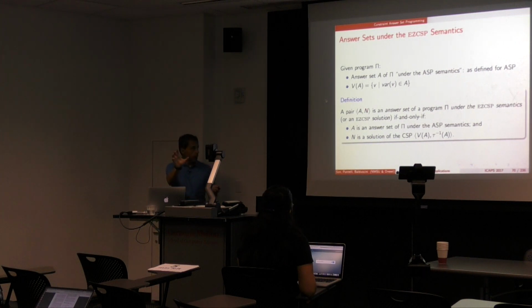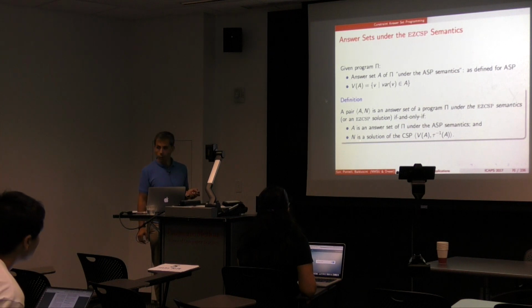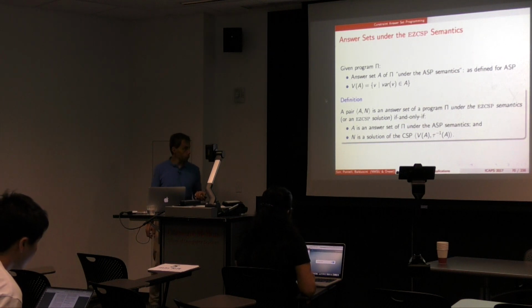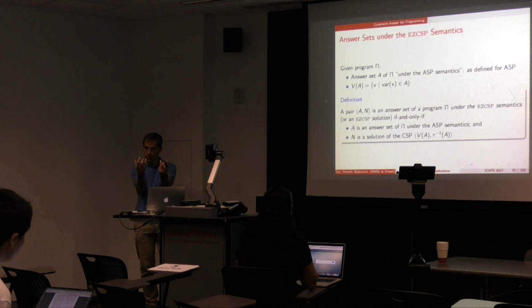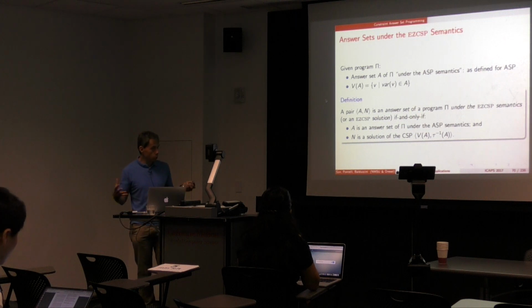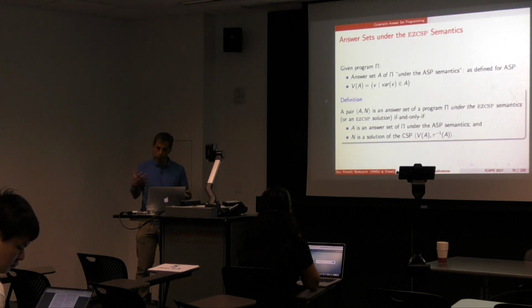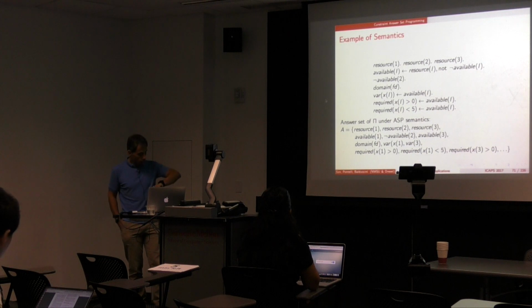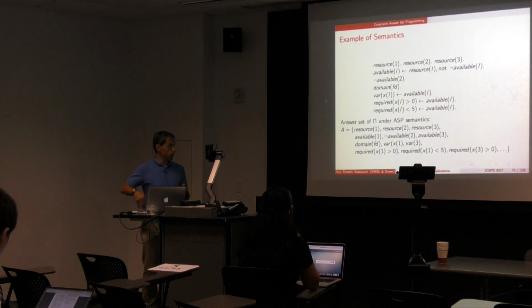Take that answer set, A, apply the translation function, in fact the inverse of it, to extract the CSP. Solve the CSP, find one solution, that's your N. Okay? So that pair summarizes the answer set and one solution to the constraint satisfaction problem defined by A. And so that brings us back to full-fledged ASP integrated with CSP.